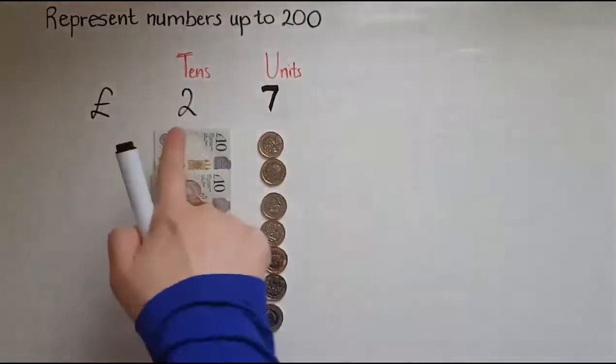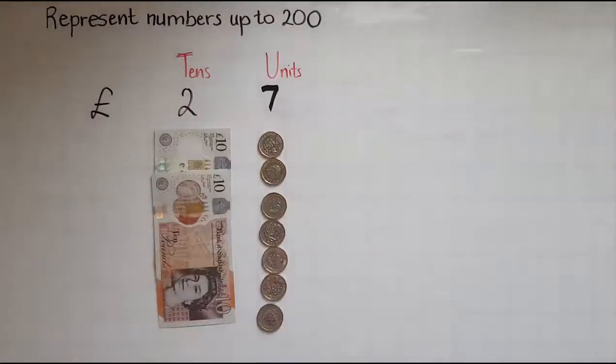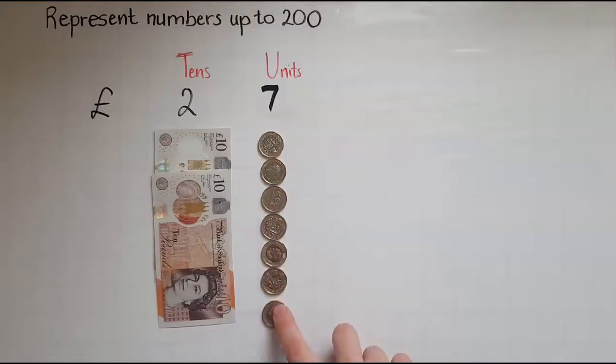Do I change this over here? No, I don't, because I haven't added any £10 notes. All these coins don't add up to 10, because that's the point when we transfer them over.